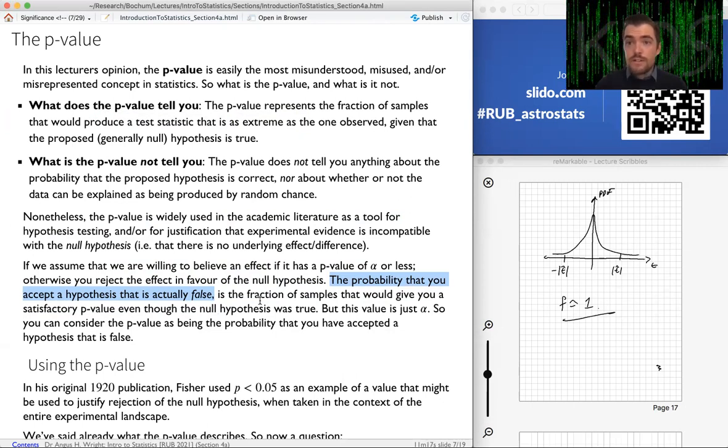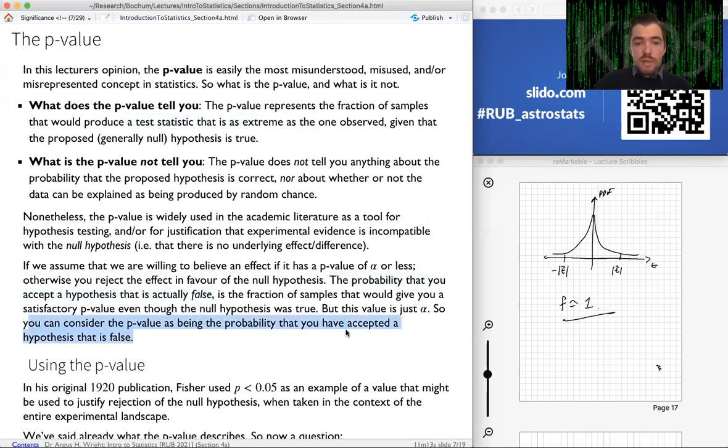That is what this cutoff is. So you can consider the p-value as being the probability that you've accepted a false hypothesis.